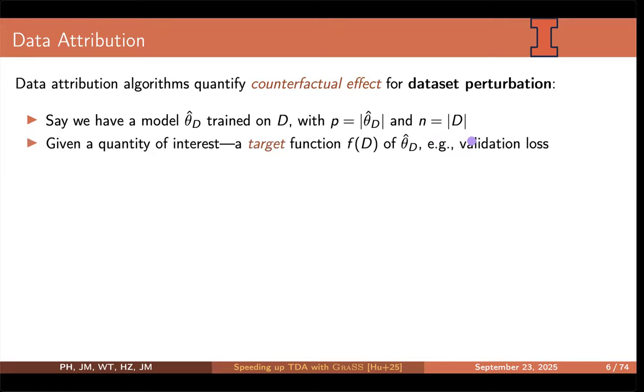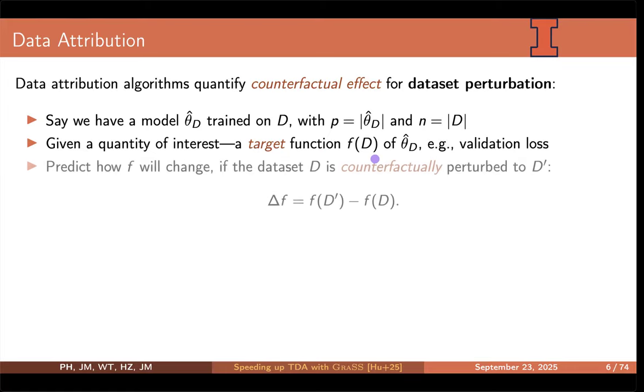And let's say we're given a quantity of interest, which is termed the target function in the literature. To think about this, you should think about validation loss. So given a training data set, you first train a model and evaluate the validation loss on this model. So this f depends on D.